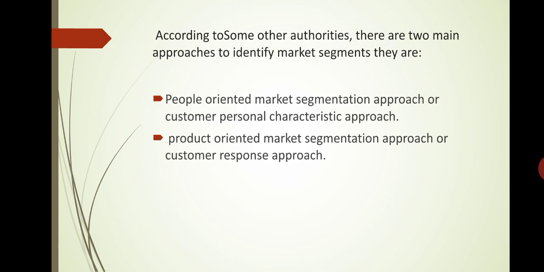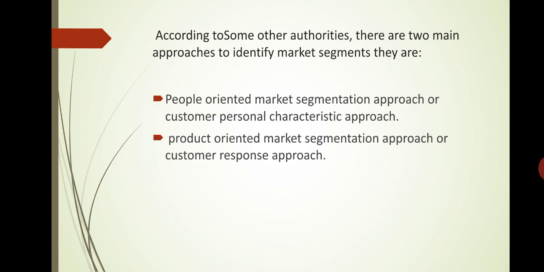Under this approach, the customers can be classified by many customer dimensions, such as geographic location or demography or socio-economic characteristics and psychography. So according to these dimensions, they divided the total market into several subgroups or sub segments, right?